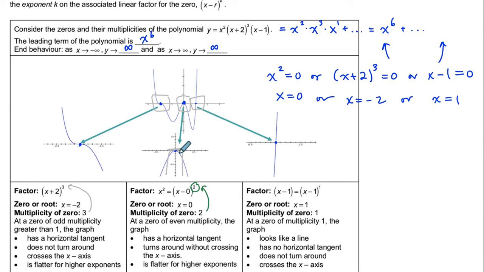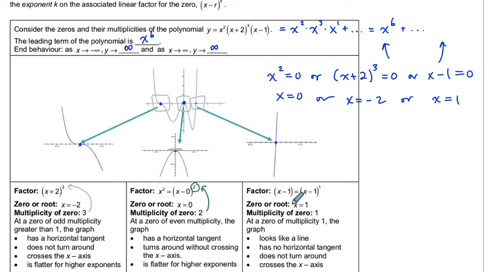And same for an exponent of 6, it would be even flatter. And so we have a flattening out, which leads to this horizontal tangent. The graph looks like a horizontal line if we zoom in. The graph turns around without crossing the x-axis. It touches, but the graph doesn't go through the x-axis. And for higher exponents, we get flatter and flatter graphs at the zero, or at the x-intercept.